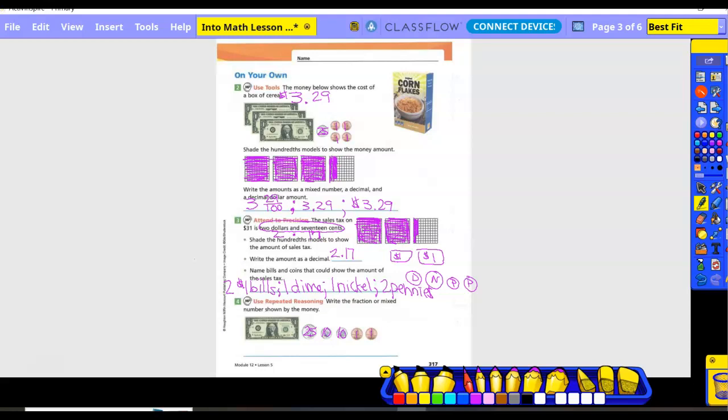Okay, so if I write this with money amount, I have $1 and 25, 35, 45, 46, 47. $1.47. So how am I going to write that as a mixed number? What's my whole number? 1. And then I have 47 out of 100. So 1 and 47 hundredths.